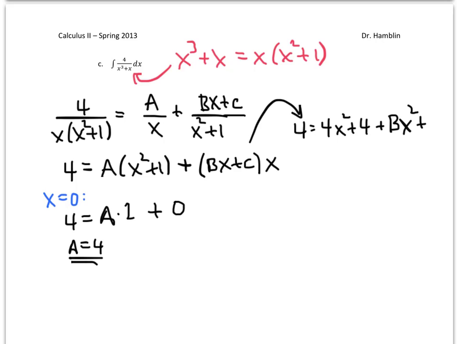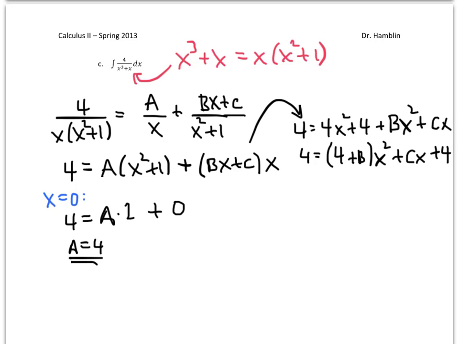And when I take the c times the x, I end up with cx. So now, equating the coefficients on the left-hand side and the right-hand side, I get 4 equals, I have 4 plus b times x squared, I've got cx, and then I've got 4.